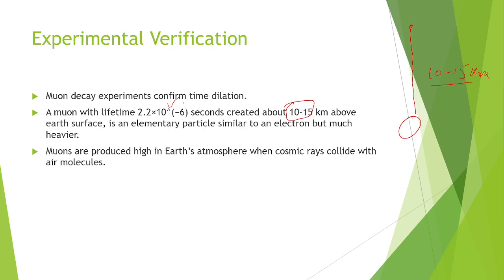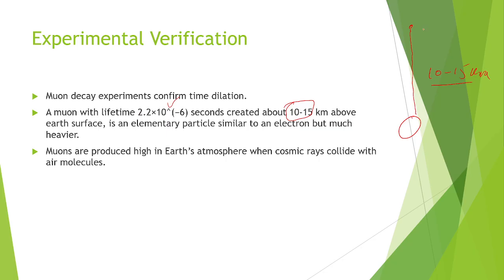Its lifetime is 2.2 times 10 raised to the power minus 6 seconds. This is the muon's average life. After this it decays. The muon disappears after this time. So how much distance will it travel in this time?